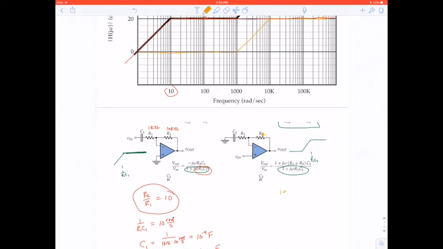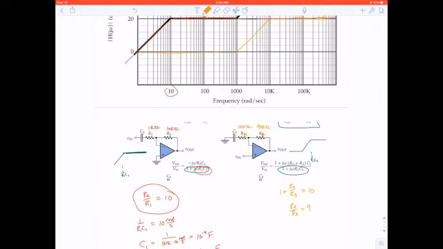We're going to call this one R4, we call this one R3. And so we would like 1 plus R4 over R3 to be equal to 10. So R4 over R3 should be equal to 9. And so we could choose R4 to be 90 kilo ohms and R3 to be equal to 10 kilo ohms, and we would get that response.